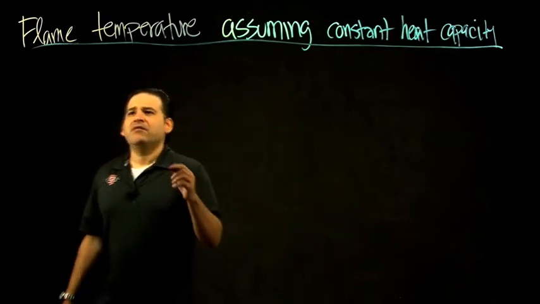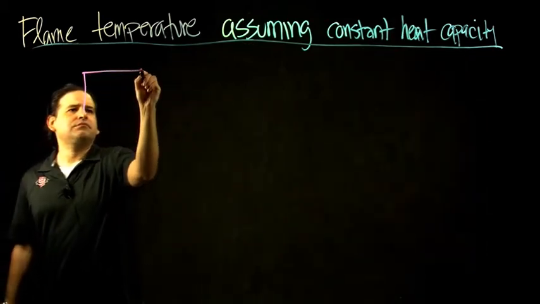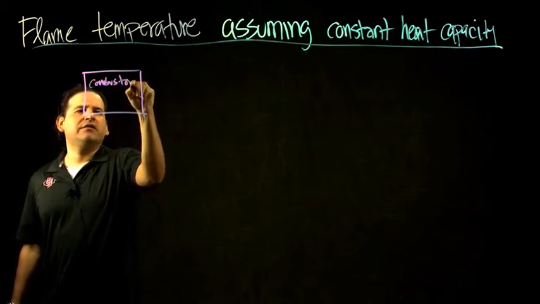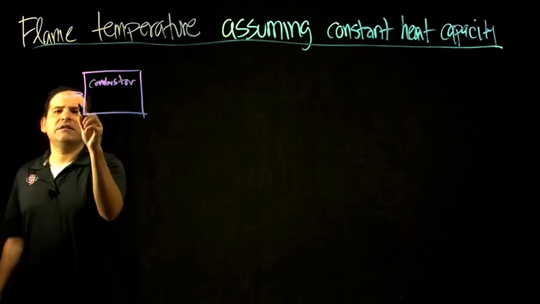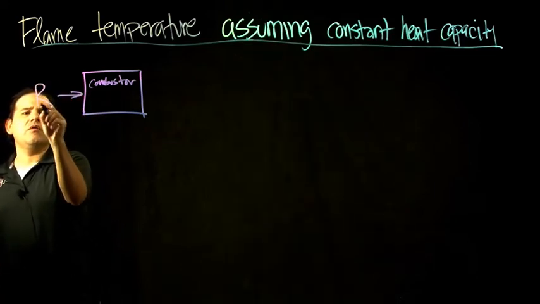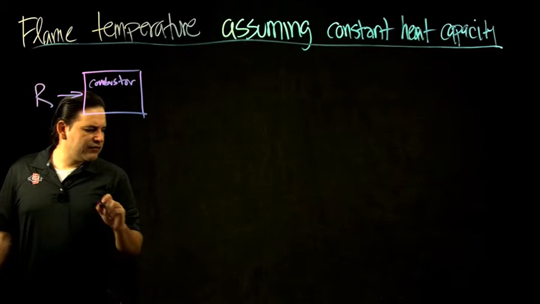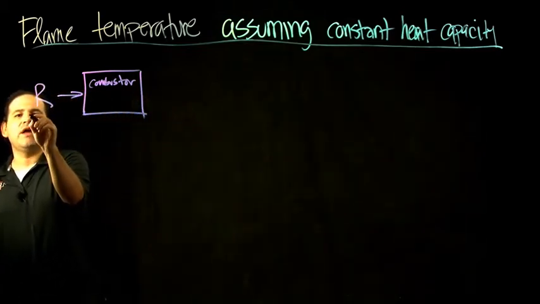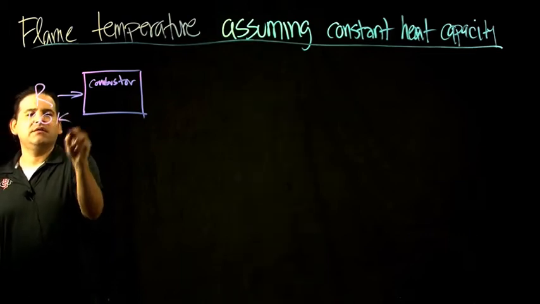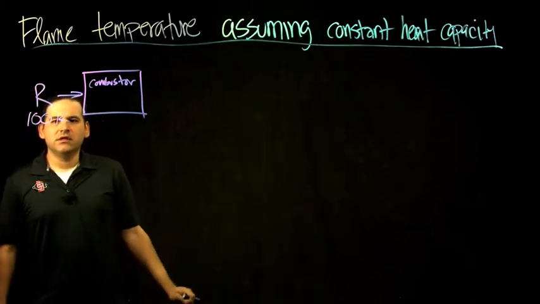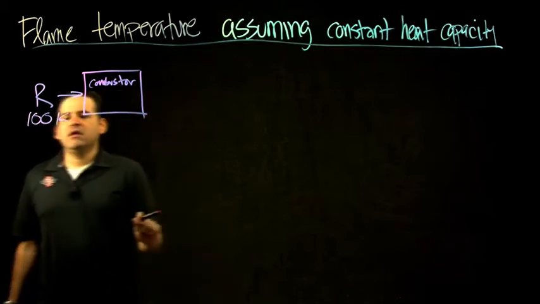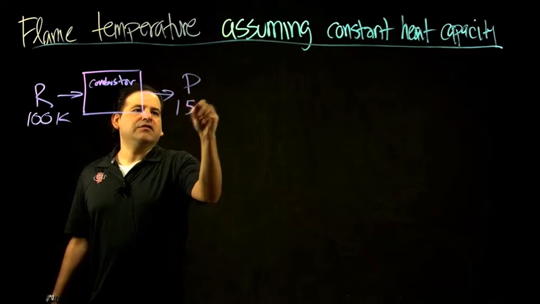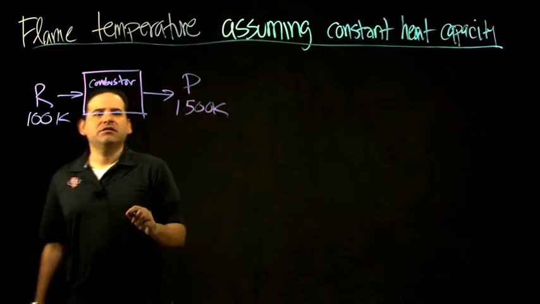So say you were to have this combustor, a flow reactor, where these reactants came in, let's call them R reactants, at 100 Kelvin. They're cold reactants, some cryogenic rocket fuel that's kept cold, and the products come out at 1500 Kelvin after the combustion reaction.